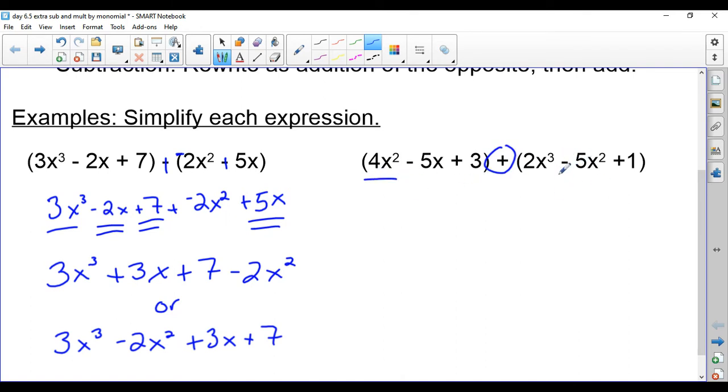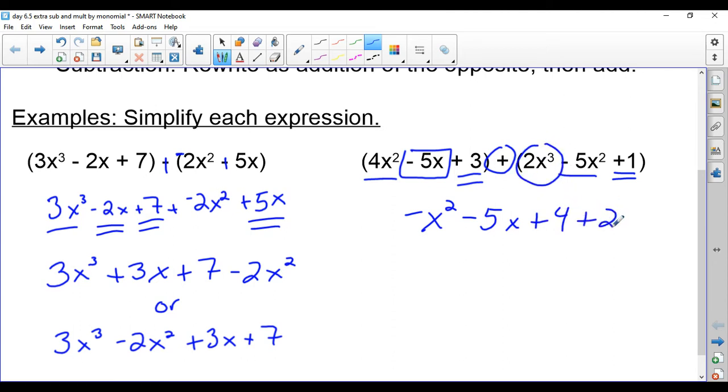I have 4x squared and minus 5x squared. 4 minus 5 is minus 1x squared. I have minus 5x and no like terms. I have plus 3 and plus 1. 3 plus 1 is 4. And then over here, I have plus 2x cubed. And again, this is an acceptable answer, or you can write it in descending order.